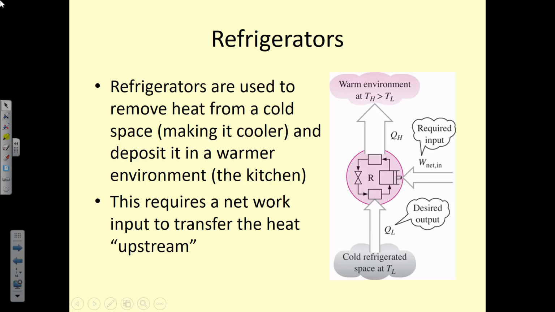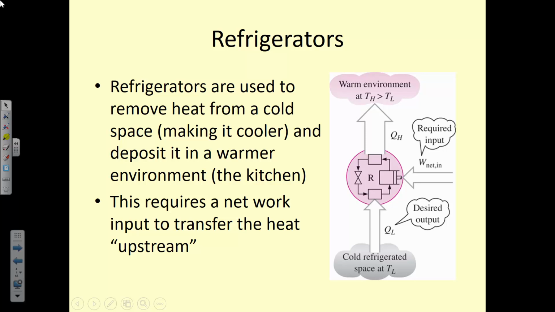And the desired output is what we're referring to when we look at the coefficient of performance. So our desired output, even though it's actually sort of like a removal, is that we remove heat from the cold space. So Q sub L is what we're concerned about, and then Q sub H is a byproduct of that process.